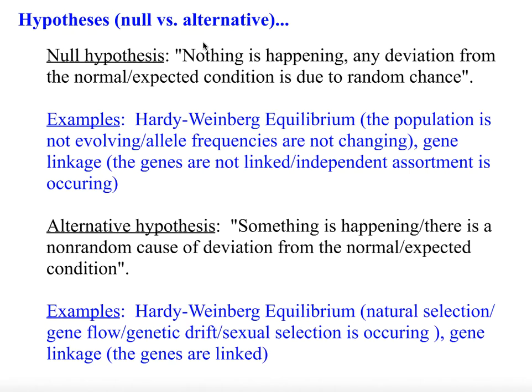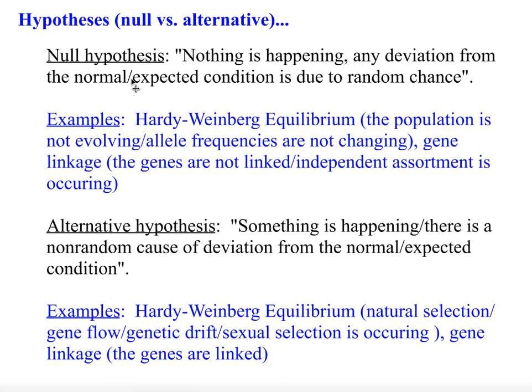Okay, so hypotheses. Two types. Null, which you've seen before, and alternative, which you've seen before, but we haven't really gone over it specifically. So the null hypothesis is just a fancy way of saying nothing is happening. Any deviation from the normal or expected condition is due to random chance.